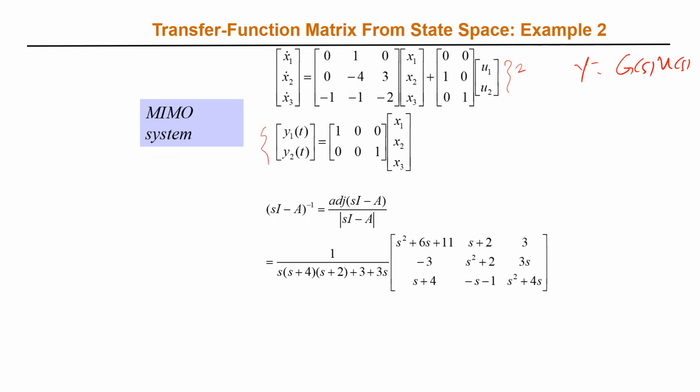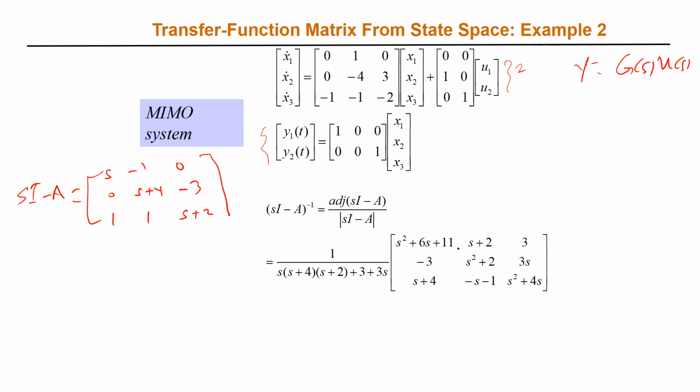So how do I get the first element? If you remember, Si minus A equals S minus 1, 0, 0, S plus 4, minus 3, 1, 1, and S plus 2.